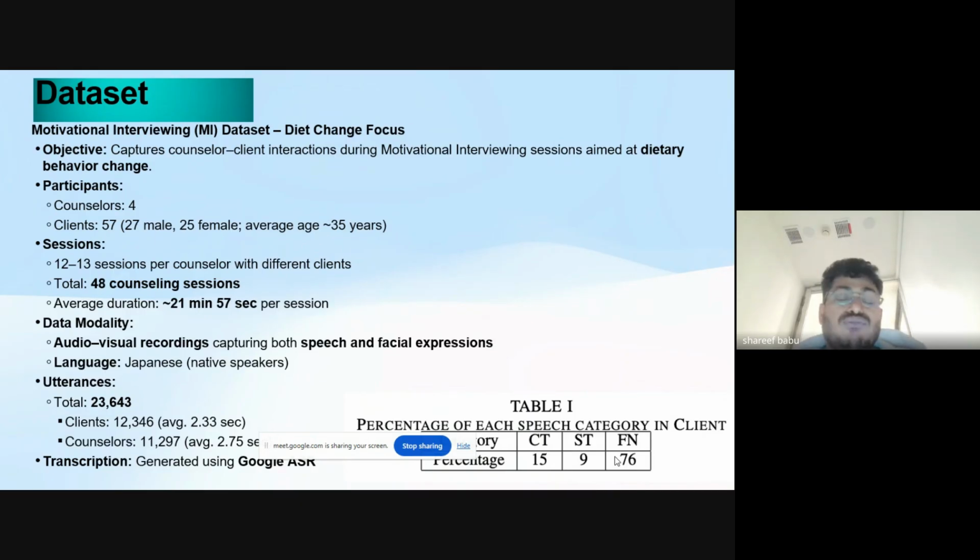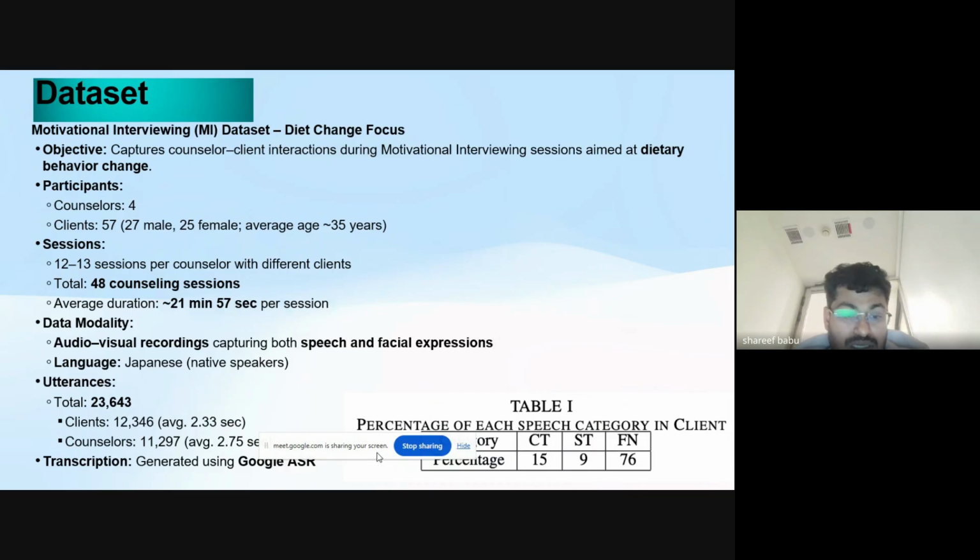Here we have 4 counselors and 57 clients, and each session goes for approximately 20 to 22 minutes. Each counselor sat for 12 to 13 sessions, and out of the 57 sessions we have taken only 48 because of some technical issues. We discarded the remaining sessions.